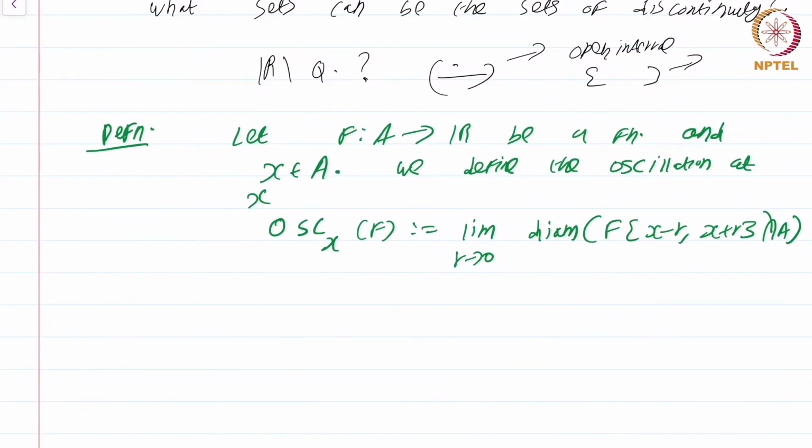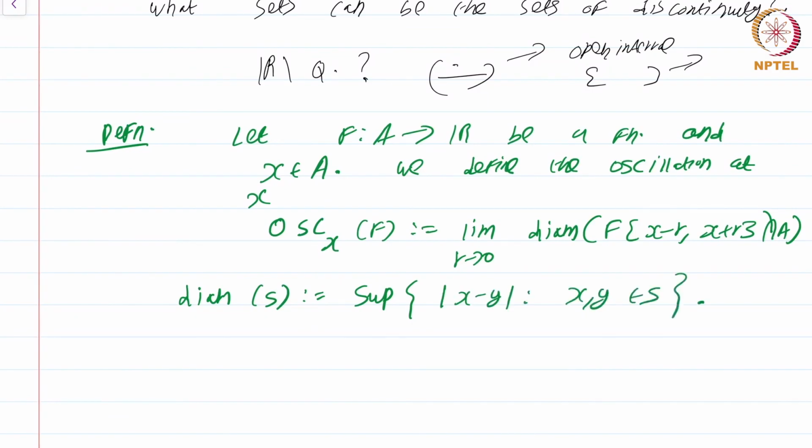That was not something that we have studied so far. Well, that's nothing. The diameter of a set S is just the largest possible distance between two points of S. How do we capture that? Well, the diameter of the set S is just defined to be the supremum of modulus of x minus y such that x, y come from S.